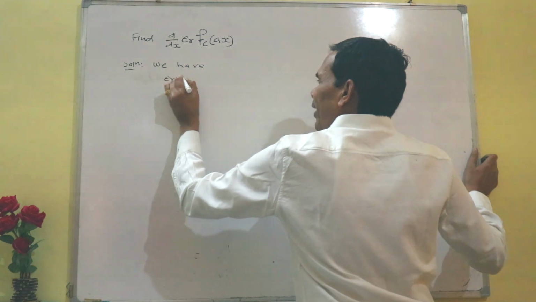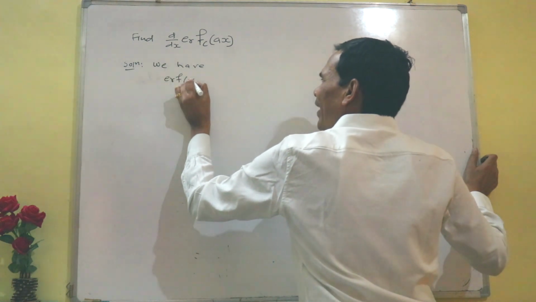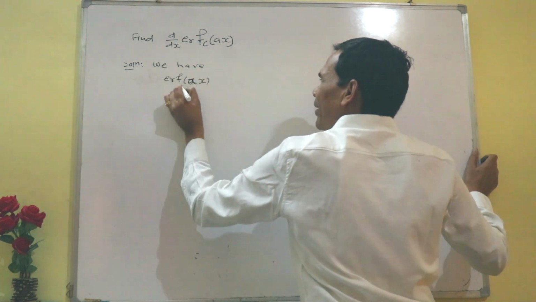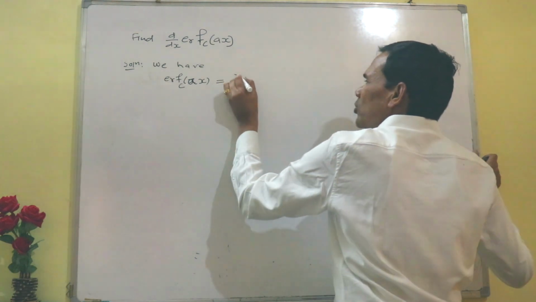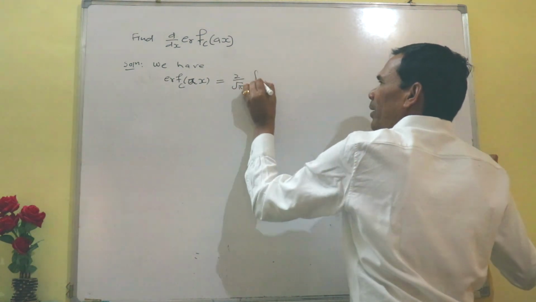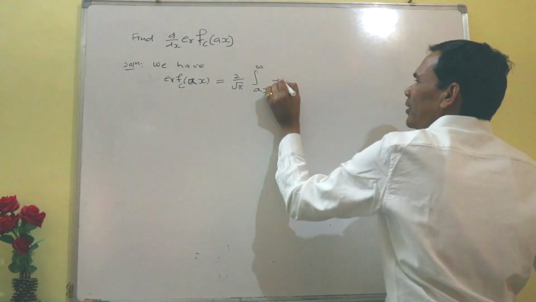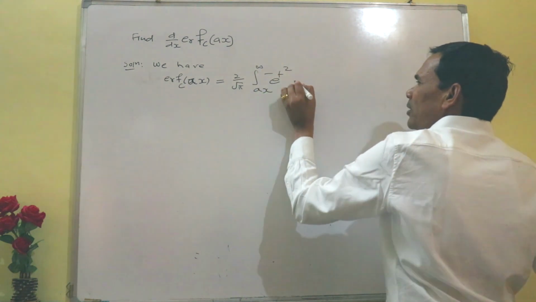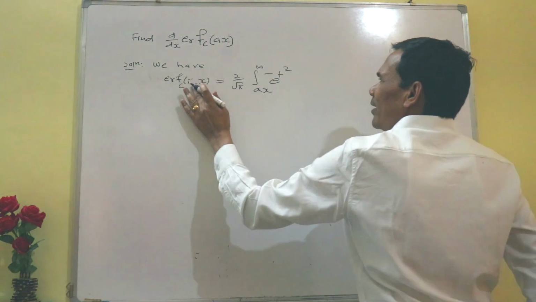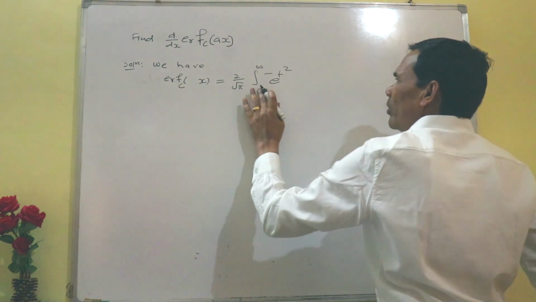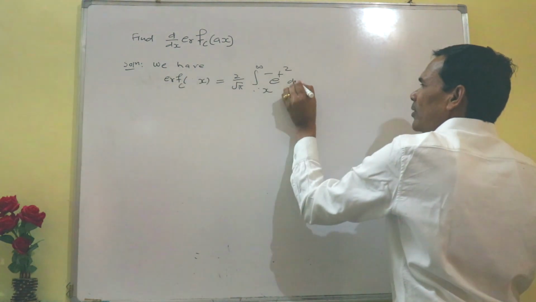We have complementary error function of ax, it is 2 upon root pi, ax to infinity e raised to minus t square dt. We just take x first, complementary error function of x, it is x to infinity e raised to minus t square.